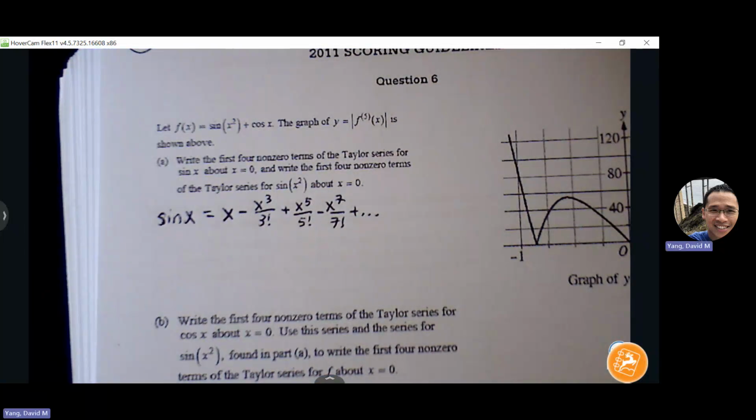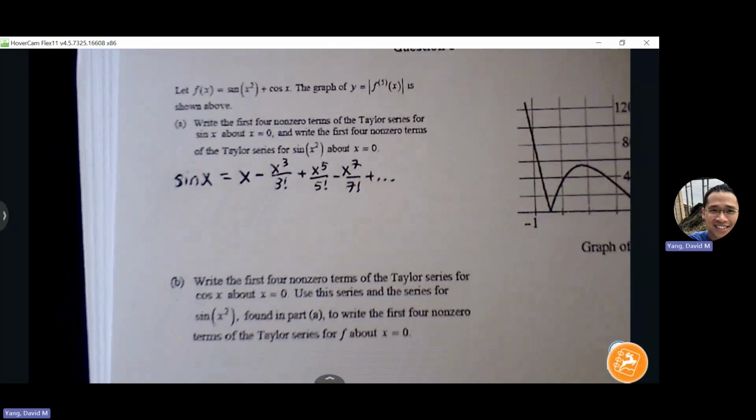Let's build sine of x squared. So we can replace every x with x squared.